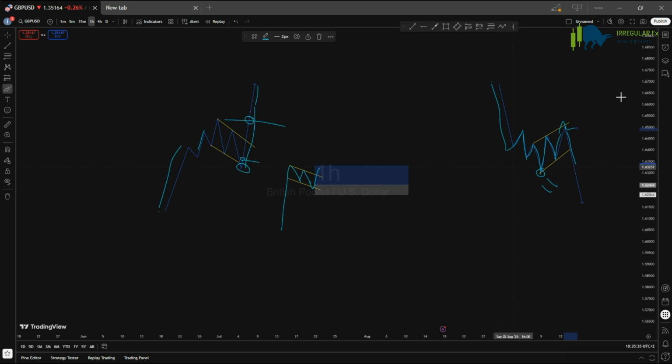Obviously the market will be pushing to the downside, then creating a low, then going back up to create a high, then pushing back to the downside, creating a low, but the low needs to fail to break the previous low. Then if it fails to break the previous low, you see the market pushing up.